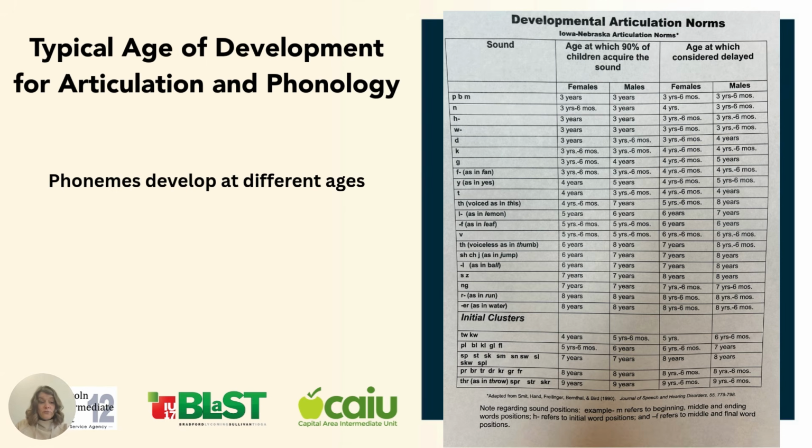Your R sounds are one of the later developing, and then those clusters where we have blending of two sounds together are some of the latest to develop. So thinking about that, it's okay for children to speak with sound errors, but typically we understand what they're saying by a certain age because they're consistent errors.